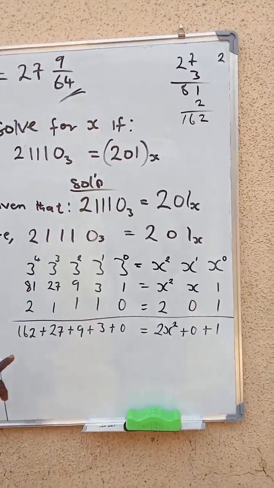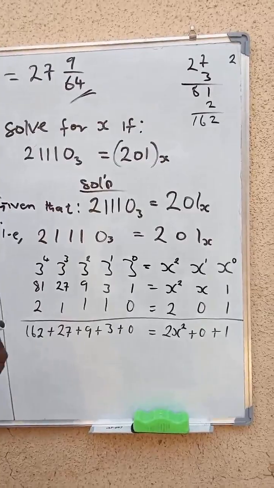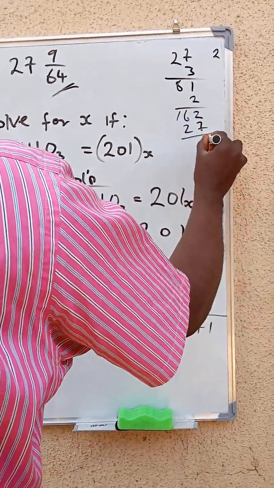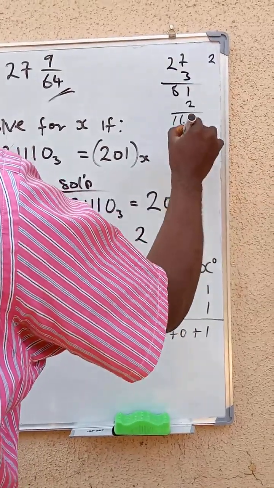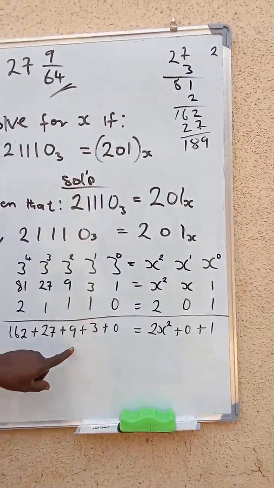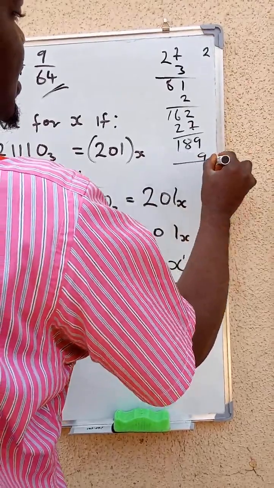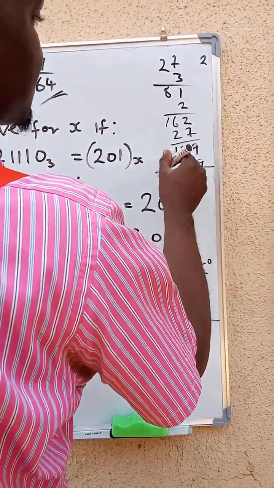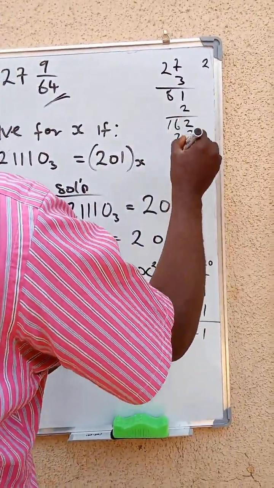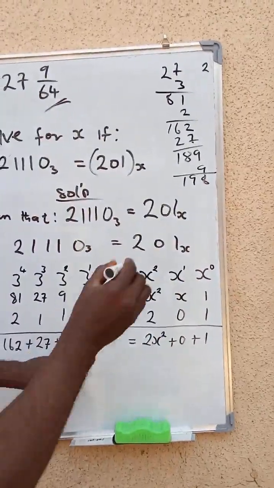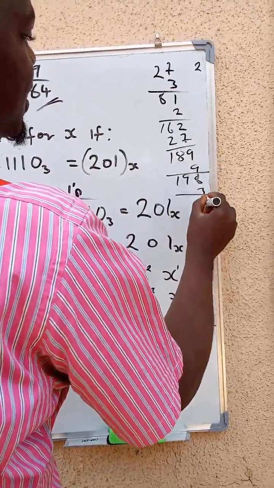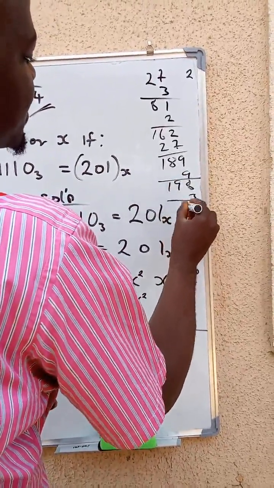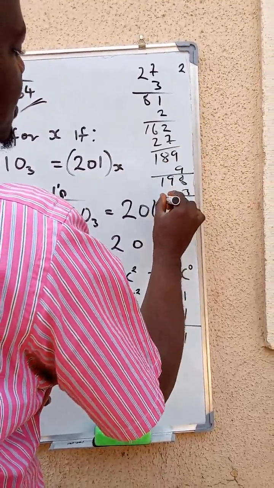Good. Now I'll add all this: 162, 27, 9, 3 and 0. 162 plus 27 plus 9 plus 3 gives 201.